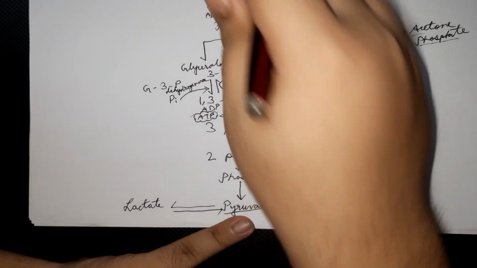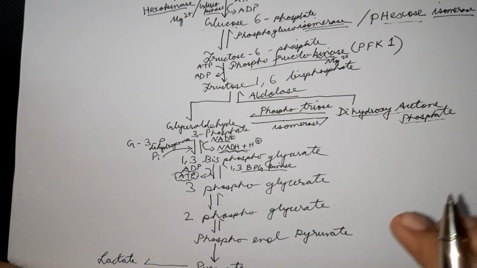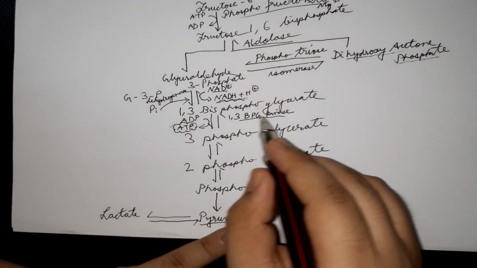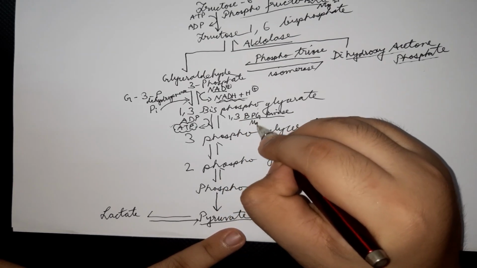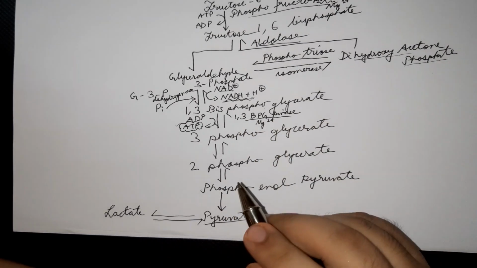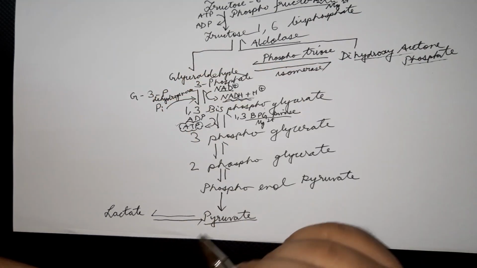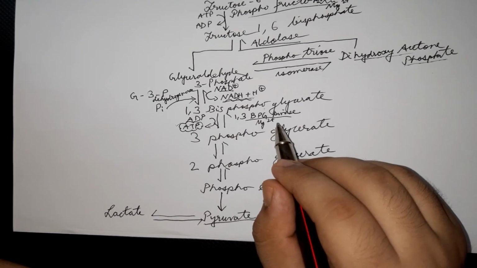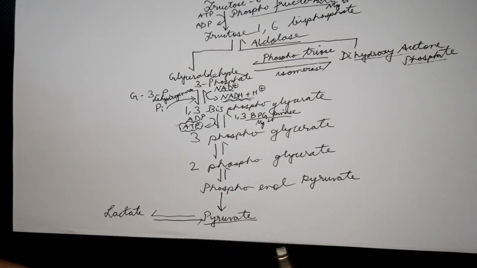Just like any other kinase of the reaction, hexokinase or phosphofructokinase, 1,3-bisphosphoglycerate kinase also requires magnesium ion as cofactor. So that's pretty good, right? That's a memory aid itself. So 1,3-bisphosphoglycerate kinase will lead to the formation of 3-phosphoglycerate from 1,3-bisphosphoglycerate.